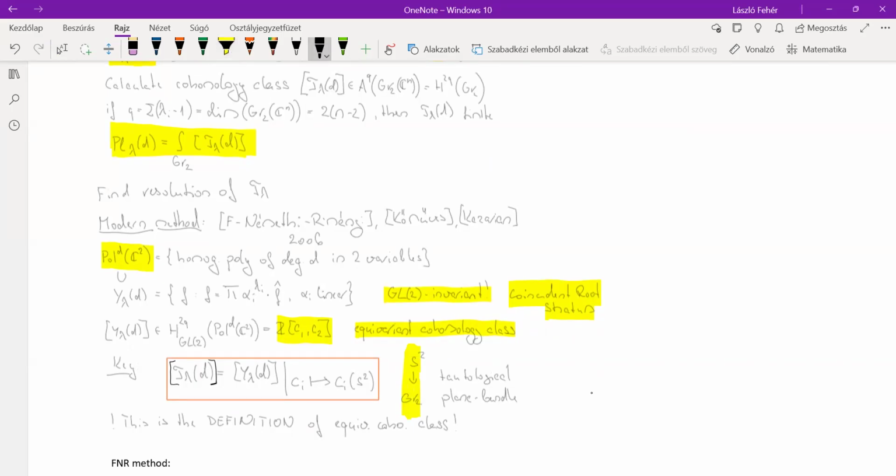So Z_F, F defines a section of Sym^d of this bundle over the Grassmannian. And the vanishing locus of this section is exactly the tangential variety.